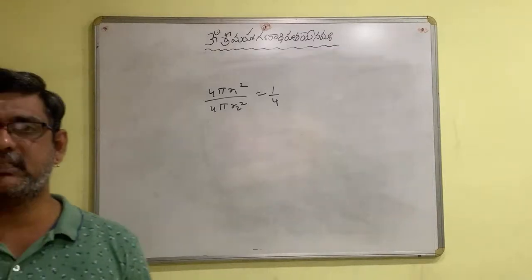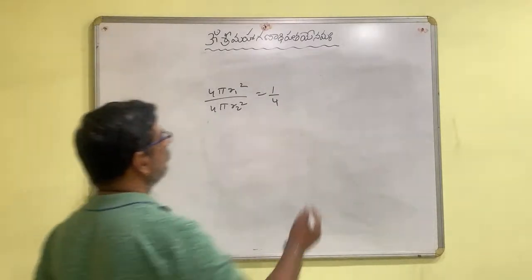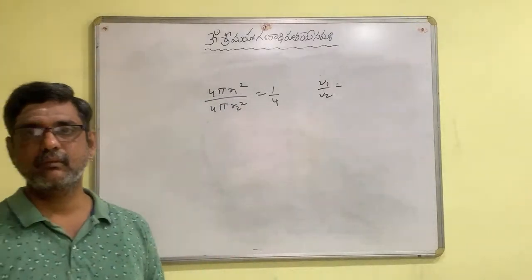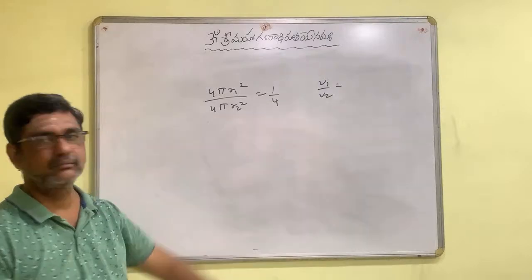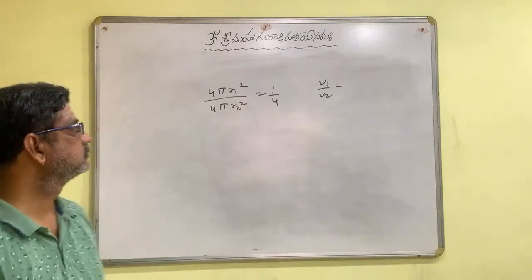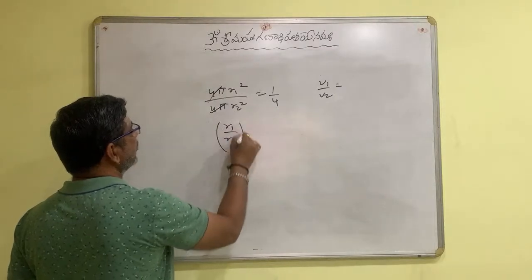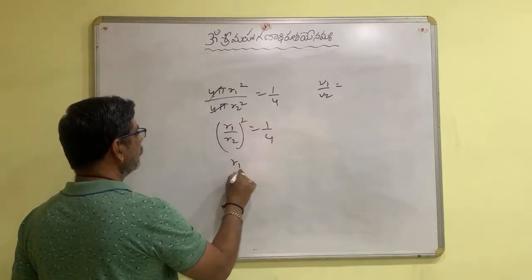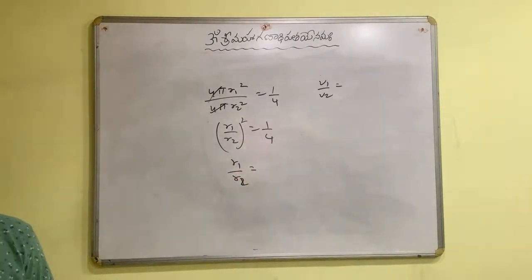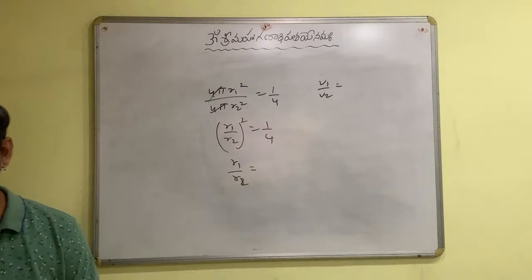The ratio of surface areas is given and he is asking about the ratio of volumes. 4 pi gets cancelled. R1 by R2 whole square is 1/4. Then what is R1 by R2?